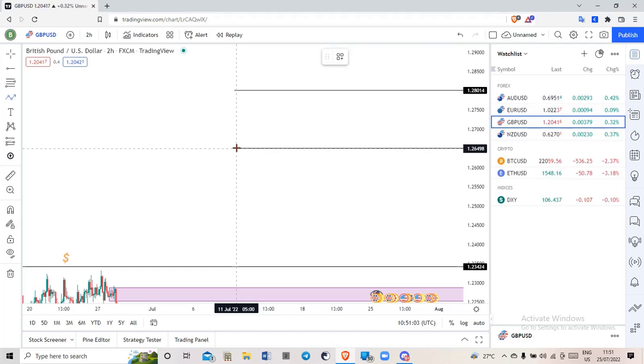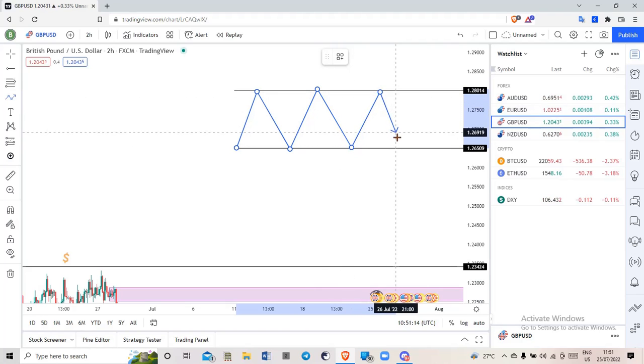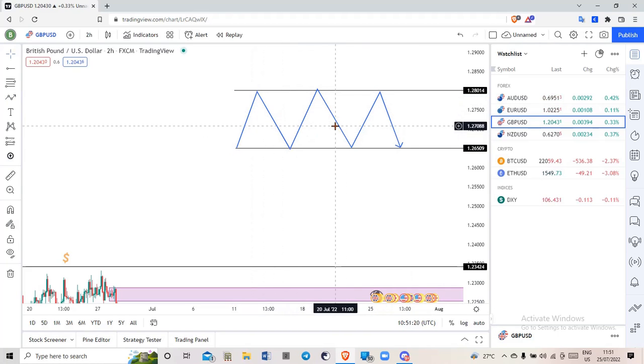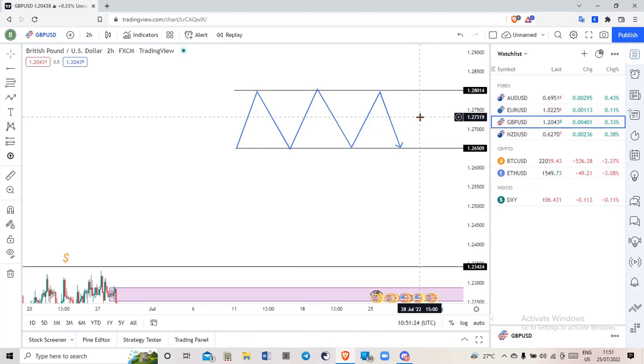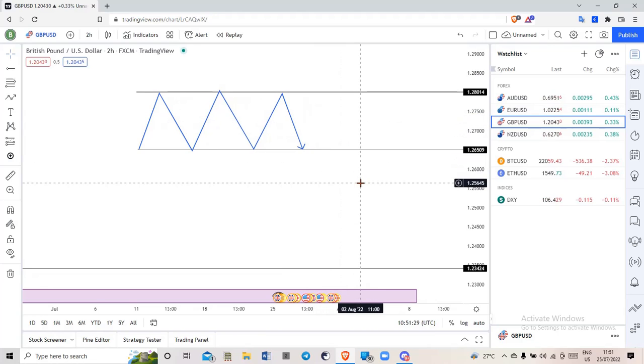So let's say price is just going up, bouncing down, up, down, up, down, and then the price is maintained within this area for a particular period of time. This particular concept is relative to time frames.